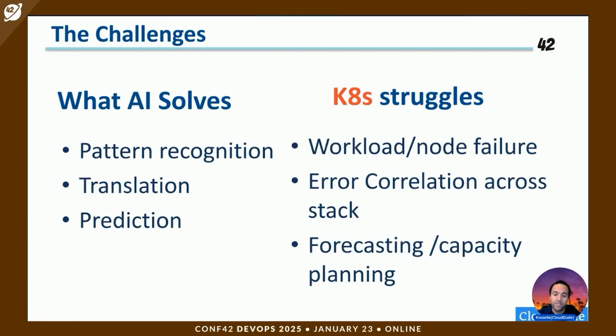For example, when you consider the failures from your workload, the nodes, the backend, and how to actually spot these patterns. We have also challenges in how to find out how did something go wrong and why, which can be very complex in Kubernetes clusters, right? How to correlate those errors throughout the stack. We also have trouble forecasting or doing some capacity planning.